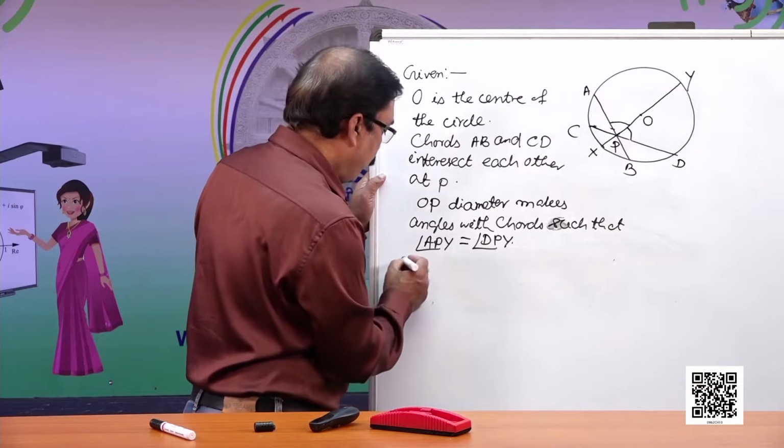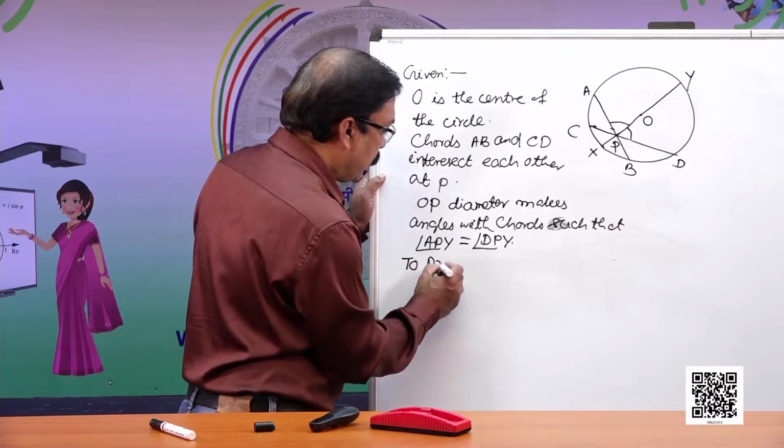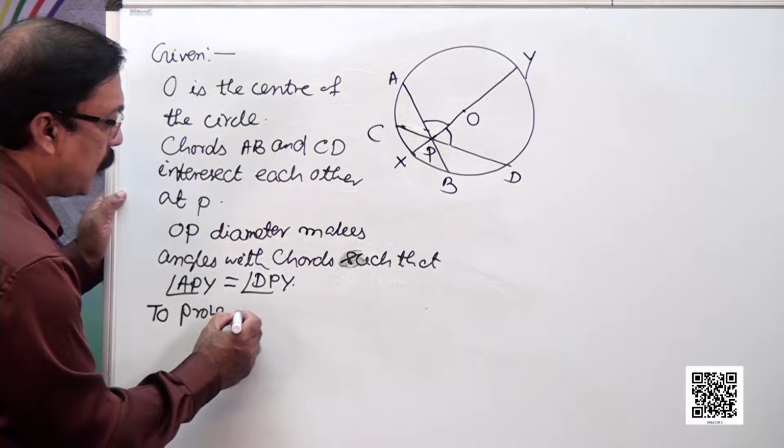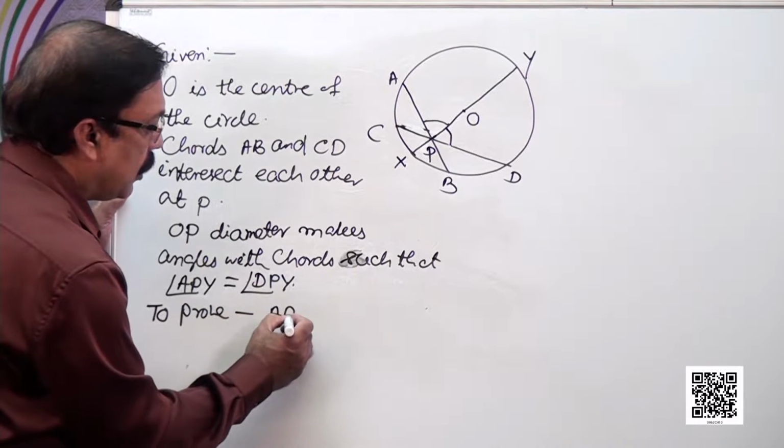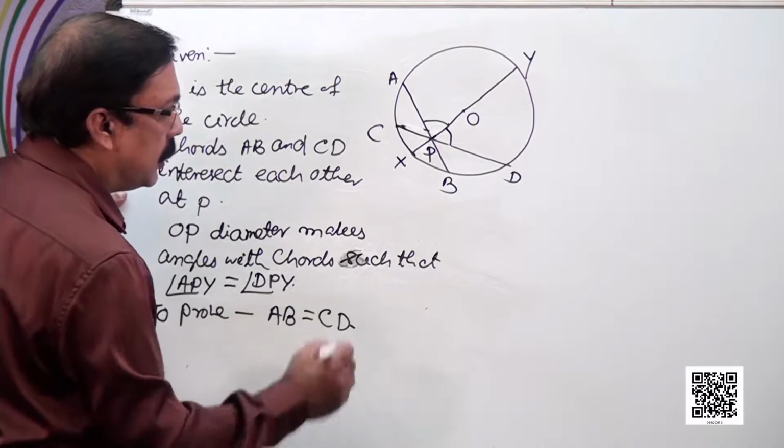Now, what to prove? We have to prove that AB is equal to CD.